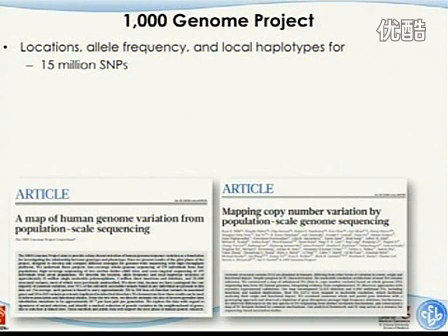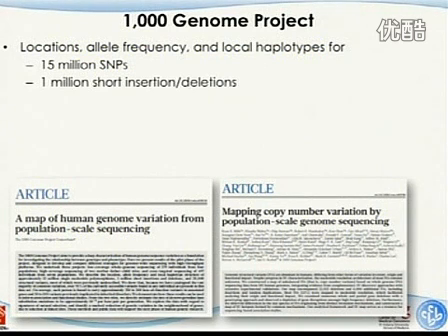So what did we learn from the 1000 Genomes Project? They identified locations, allele frequencies, and local haplotypes for 15 million SNPs. We found 15 million SNPs in the human genome, and 1 million short insertions and deletions.